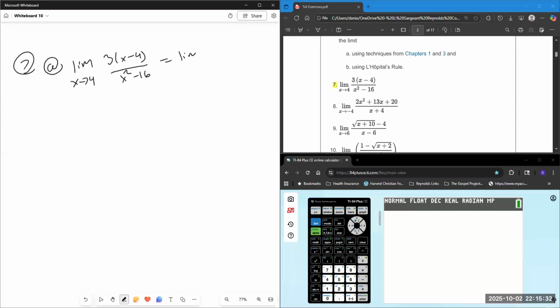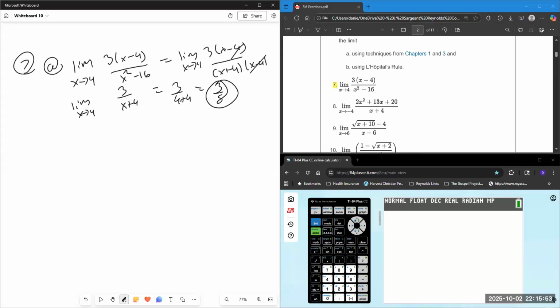So limit as x goes to 4 of 3 times (x minus 4) over (x plus 4) times (x minus 4). Those will cancel. This is the limit as x goes to 4 of 3 over x plus 4. It's 3 over 4 plus 4, which is 3 over 8 for my limit.